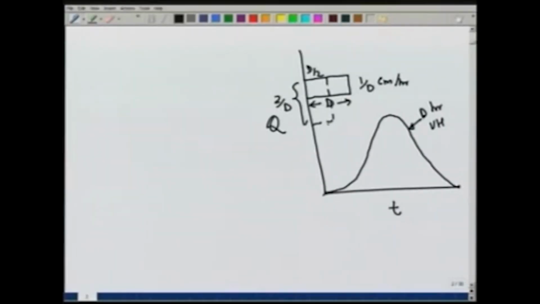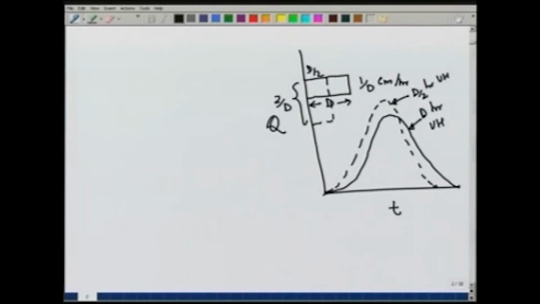The unit hydrograph corresponding to this would have a smaller time base because the duration of rainfall has reduced, but will have a higher peak because the area of the hydrograph must remain the same. So, this would be a d by 2 hour UH.